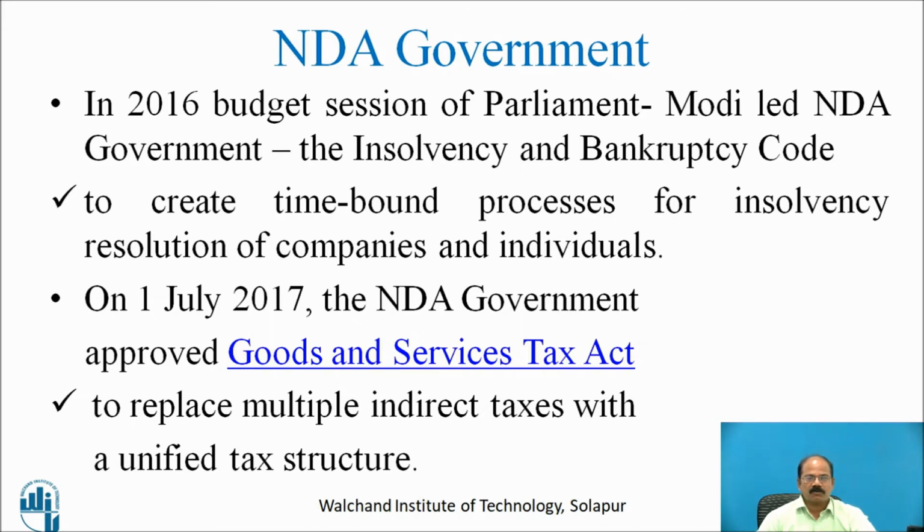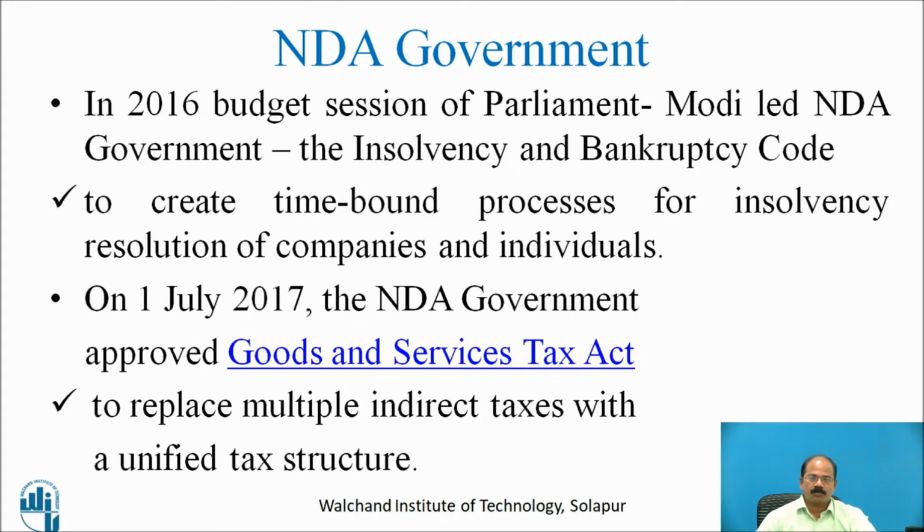On 1st July 2017, the India government approved the Goods and Services Tax Act. Very important and major step. GST really changed the whole scenario of production and services which were taxed at several levels.